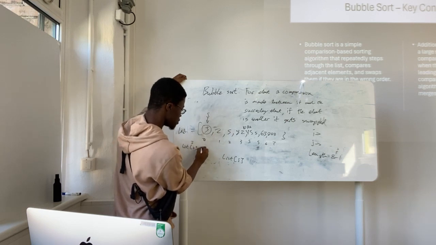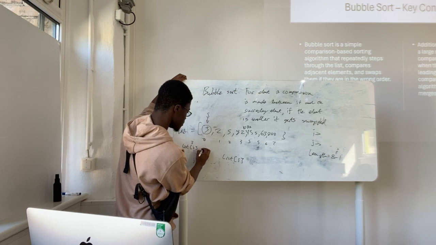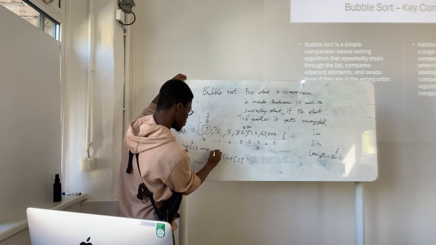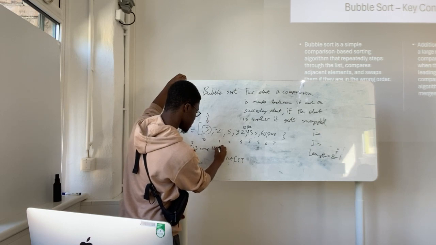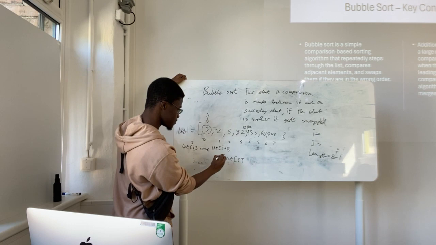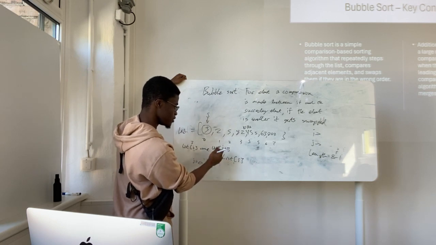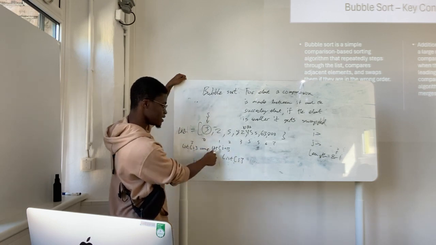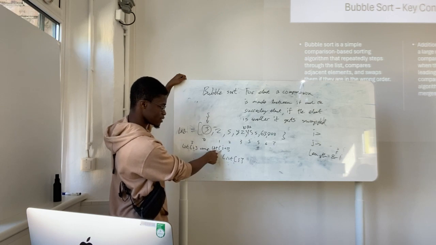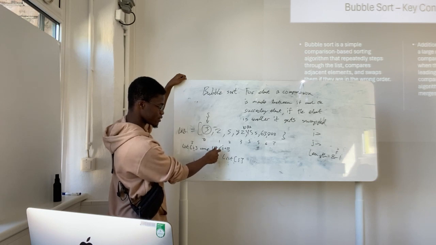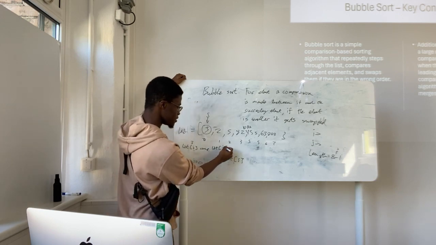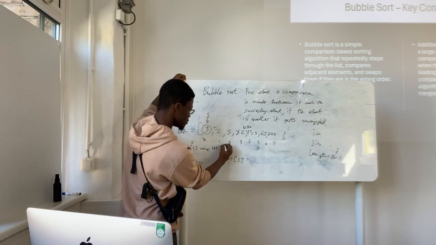So 3, it's going to compare with the list at index j plus 1. So what would the value be at the list at index j plus 1? The index would be 1, so the value would be 2. So it's going to compare.